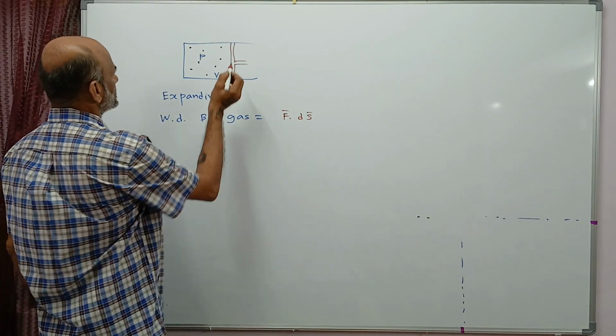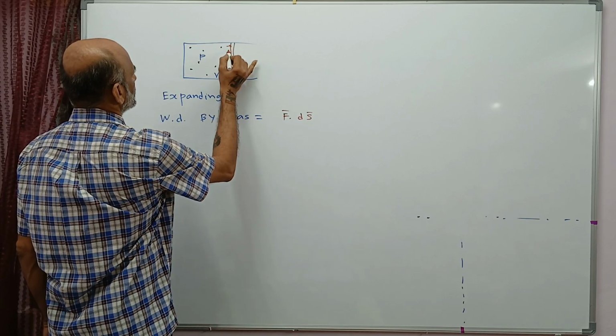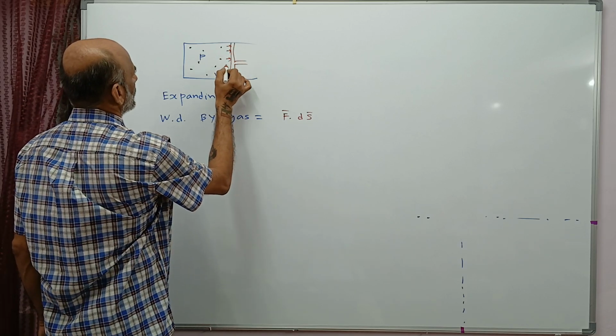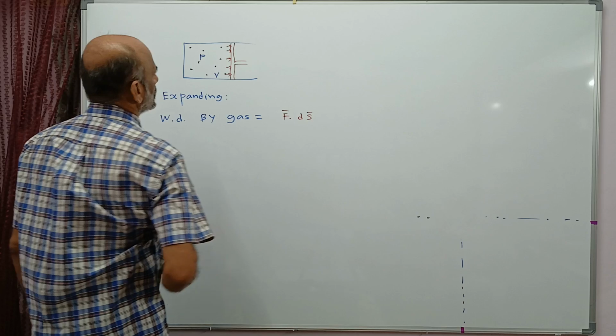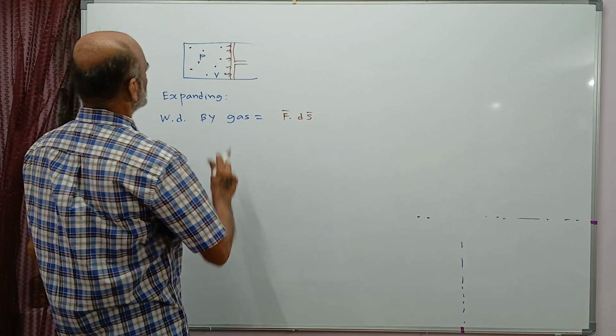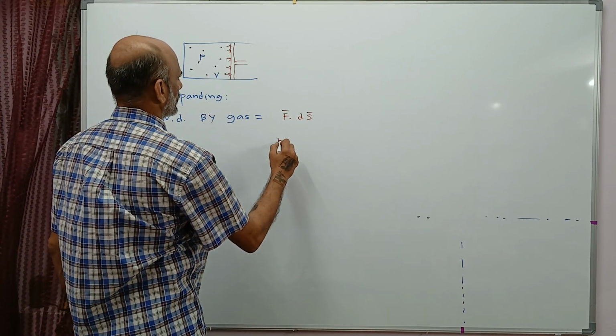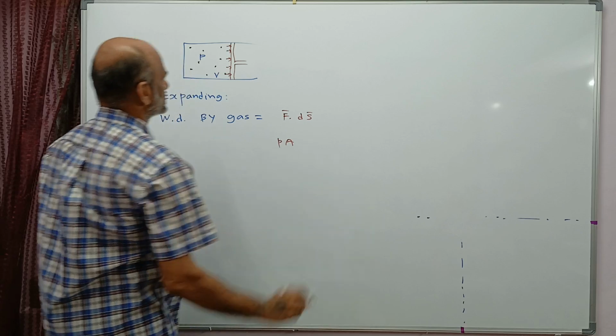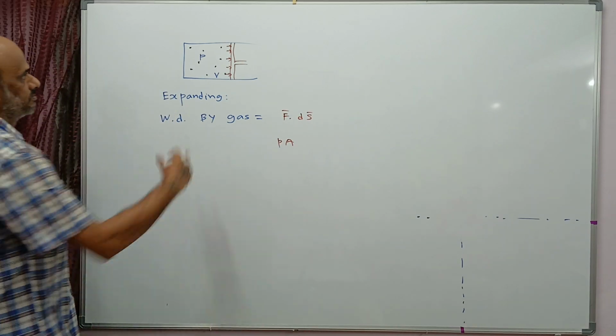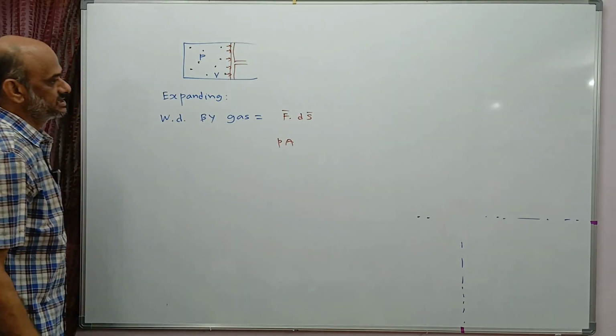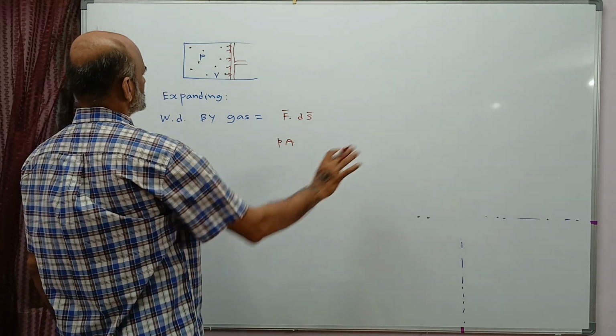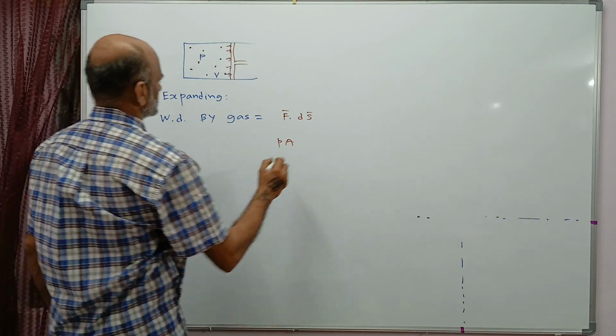So the force acting on the piston is due to the pressure. So that force will be the pressure into area of the piston. Let it be a circular piston, and the force is towards right, and the displacement is towards right.